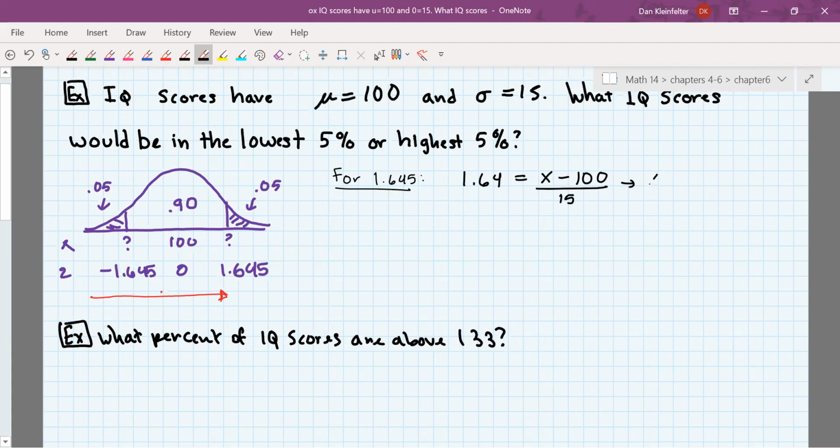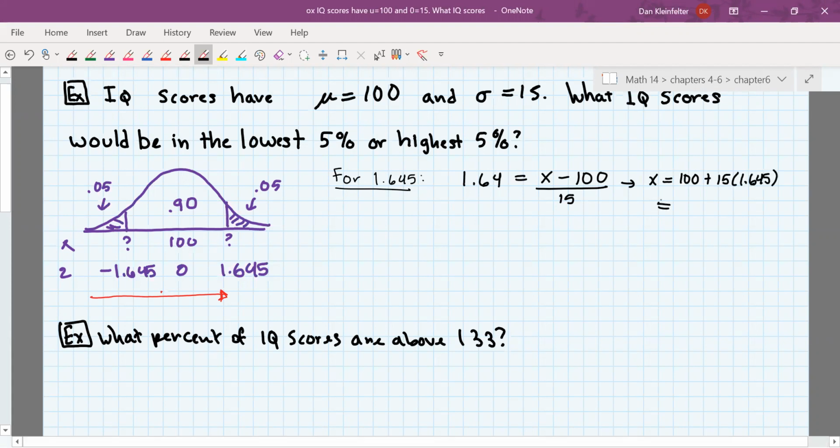So then solving for x, let's see what we get. 124.67, we'll call that 125. I'm rounding to the nearest whole number here because IQ scores are usually reported as whole numbers. So at the higher end, it's 125.